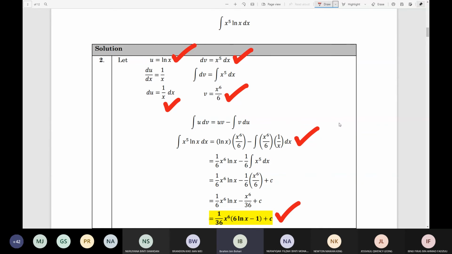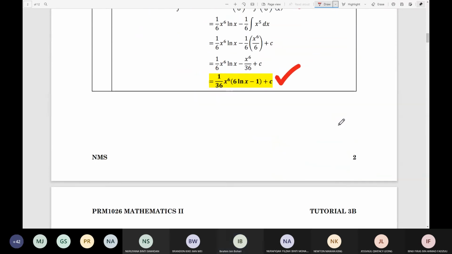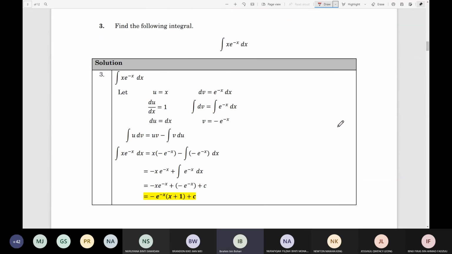Okay, settle question 2 and question 3. Okay, check answer. Question 3, e raised to the power of negative x times dx, and you let u here equals to the x, and du here equals to dx, and dv here equals to the e raised to the power of negative x, and v here equals to the e raised to the power of negative x.